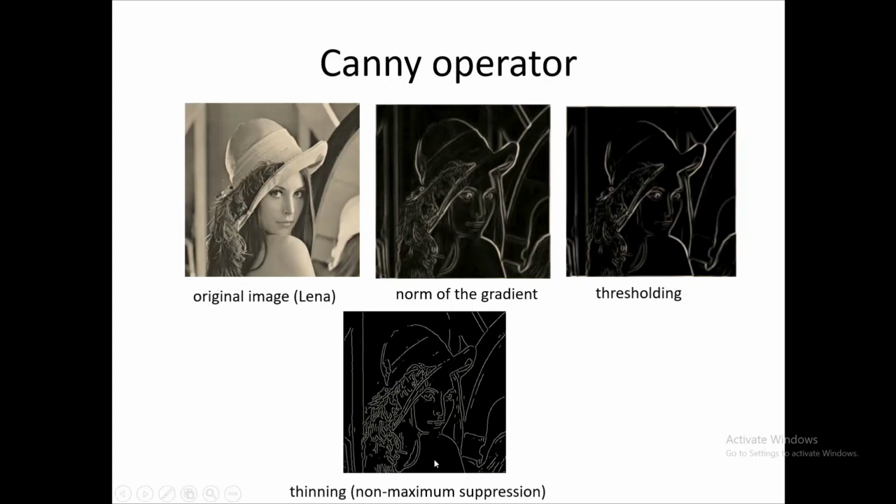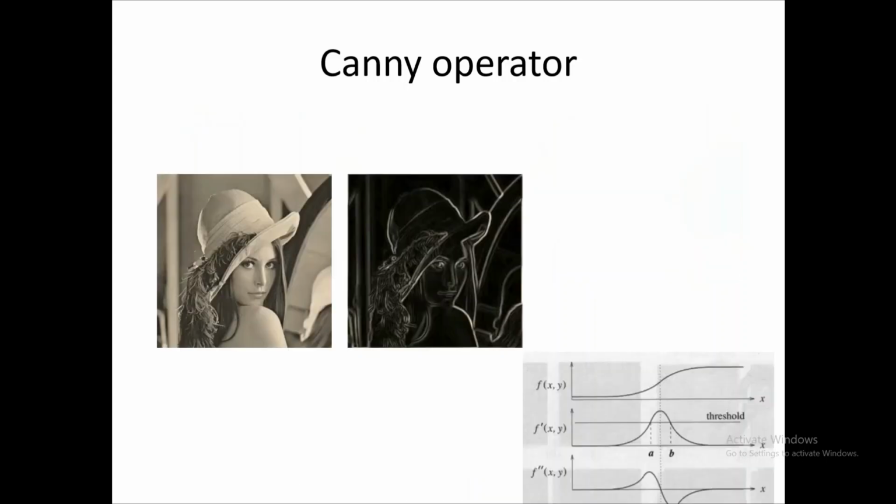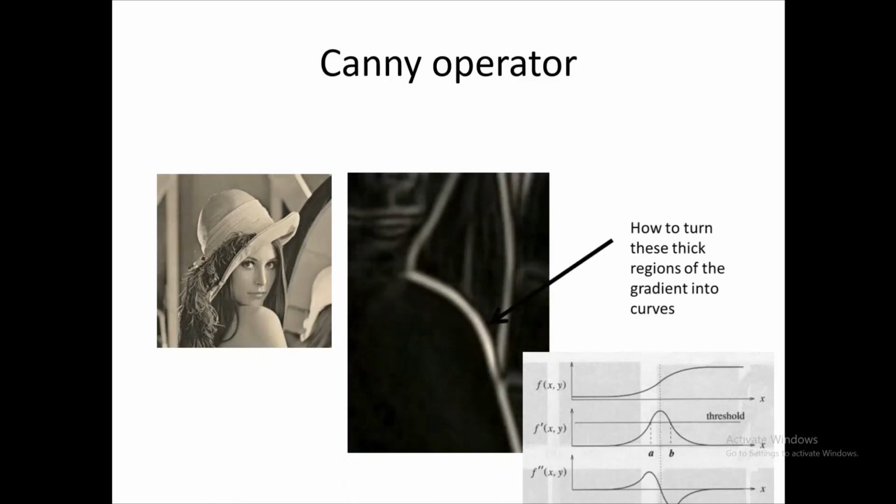And the question arises why we need to do this thinning operation. Let's look at this image, the Lena image and the gradient image of this Lena image. If we take just a small segment of this image, we can see that there is a kind of thick part that exceeds the threshold.